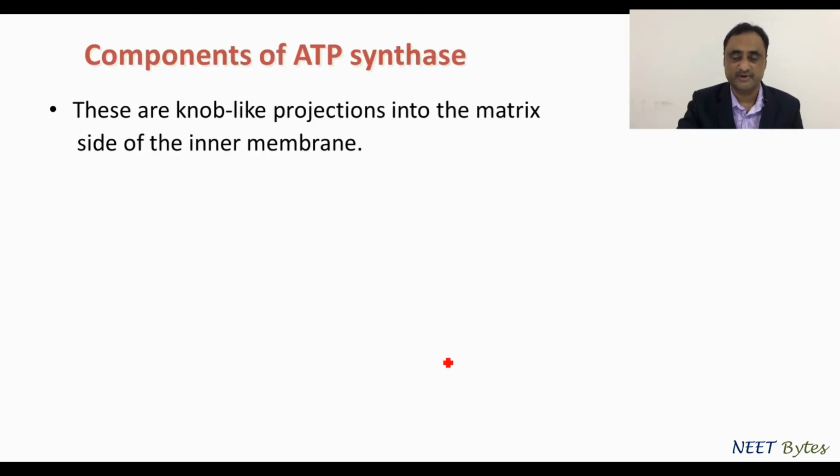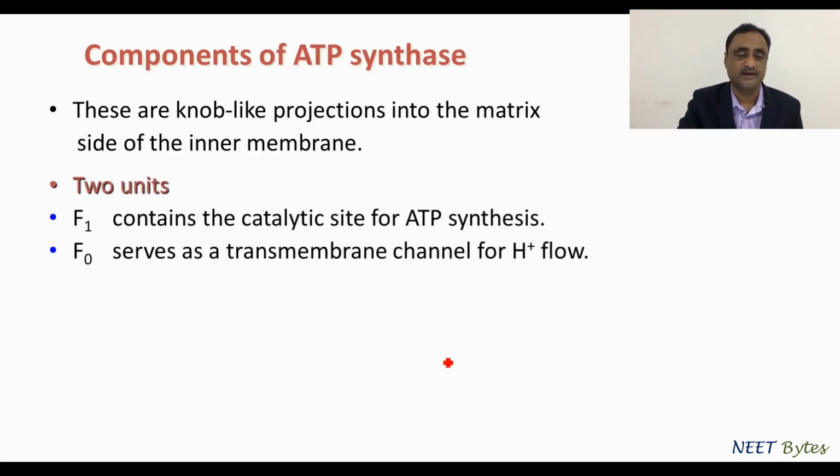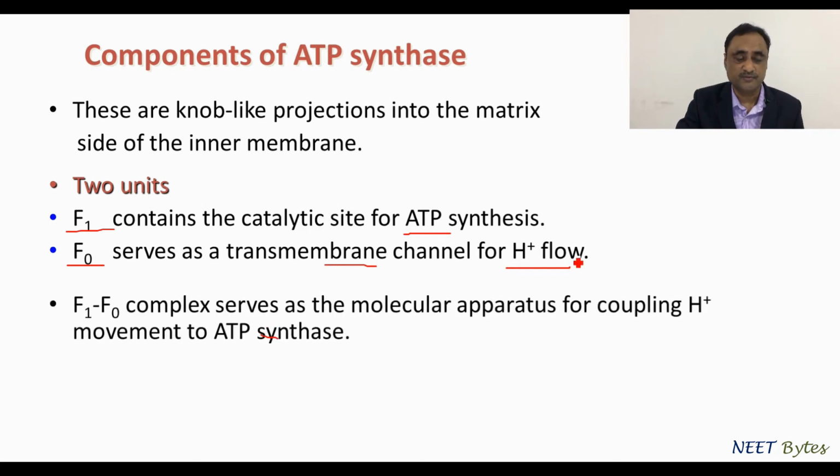There is only one place where it can pass, and that place is what we call ATP synthase. Okay. So this is a knob-like projection in the matrix. It consists of 2 units, one what we call the F1 particle that contains the catalytic site for ATP synthesis, and there is an F0 which serves as a transmembrane channel for hydrogen flow, right?